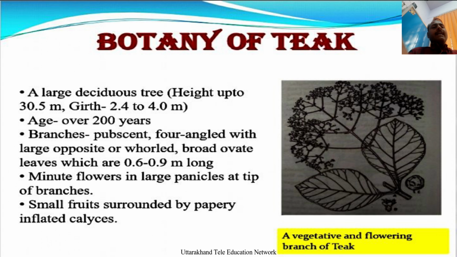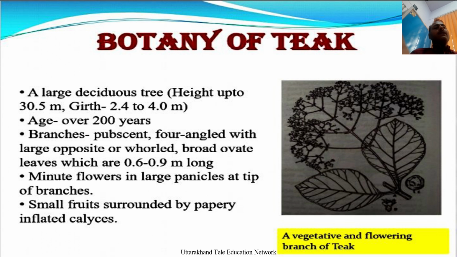So Tectona grandis is a large deciduous tree, and its height is up to 30.5 meters, and girth ranges from 2.4 to 4 meters.